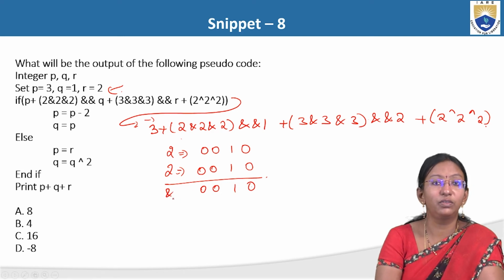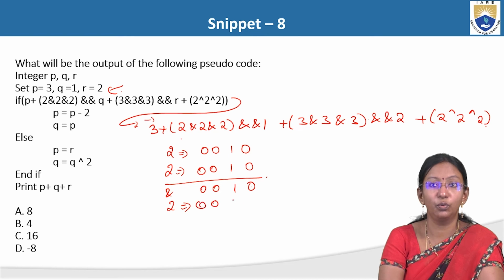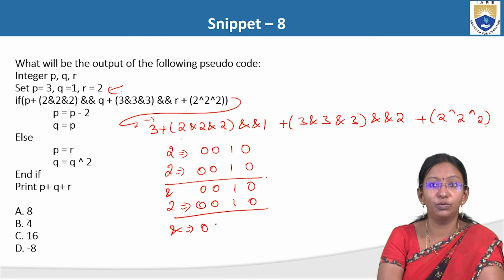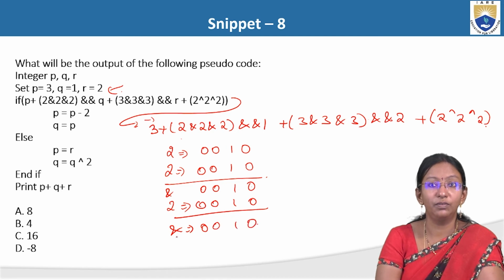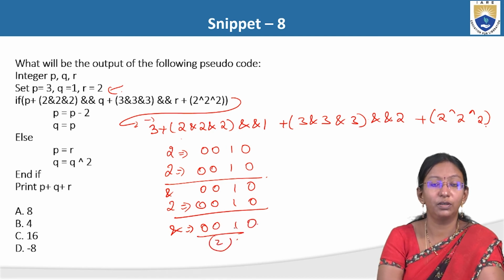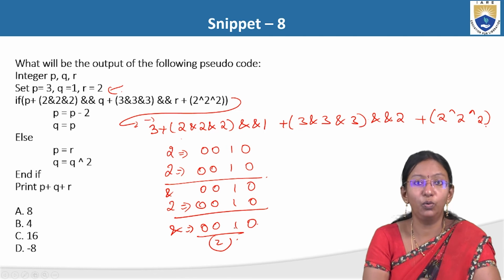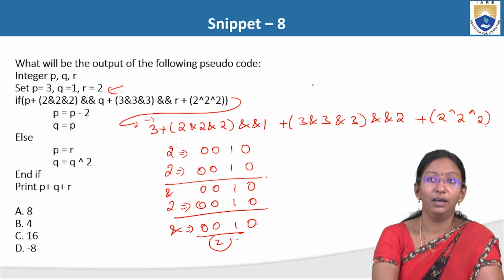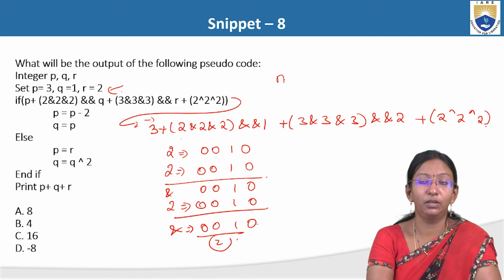And another 2. 3 2s are there, my dears. So another 2, 0, 0, 1, 0. A bitwise AND of that will give you 0, 0, 1, 0. So even this is 2, right? What did we conclude from this? If you take a value n and do a logical AND with n, you can do it any number of times, the result will be n.